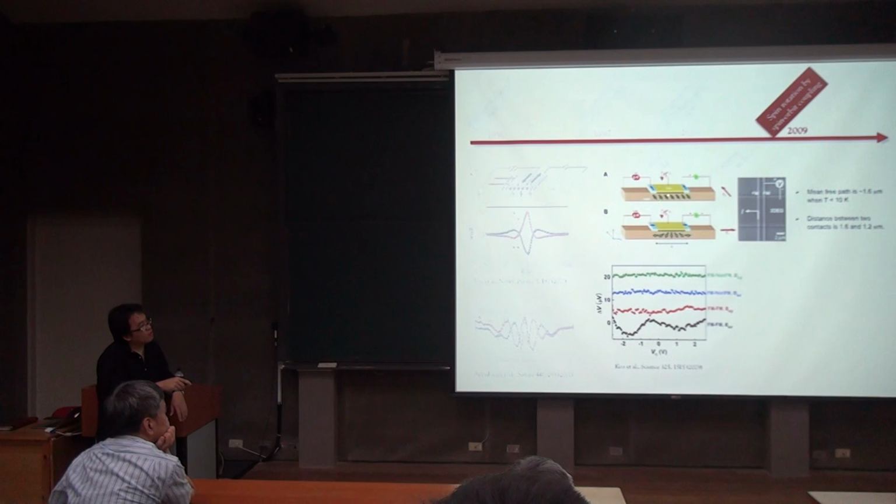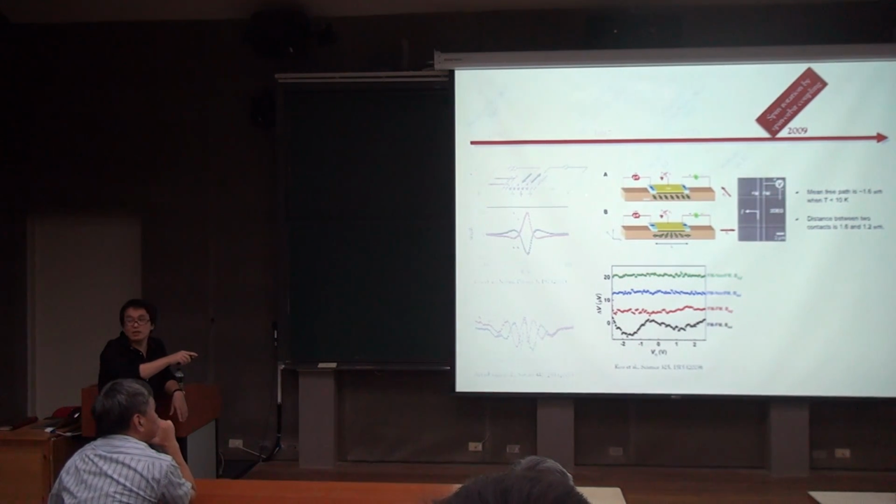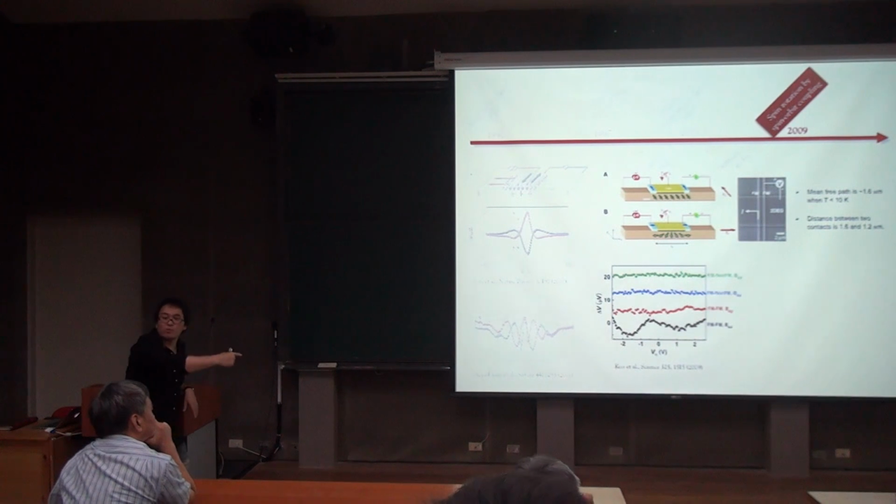We know the electric field is along Z, because of the asymmetric quantum well. If you have the electron moving along X, you have the Rashba magnetic field along Y. So if you have the ferromagnet pinned along Y, the electron injected from the ferromagnet is always pinned along this Rashba field, right?